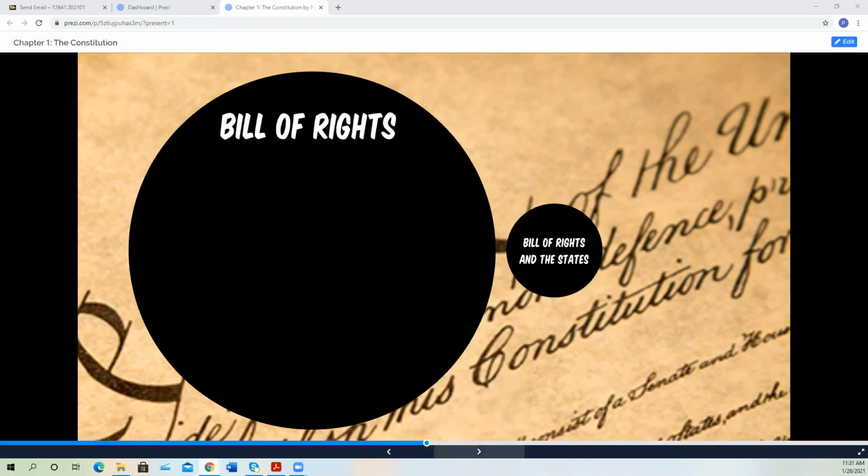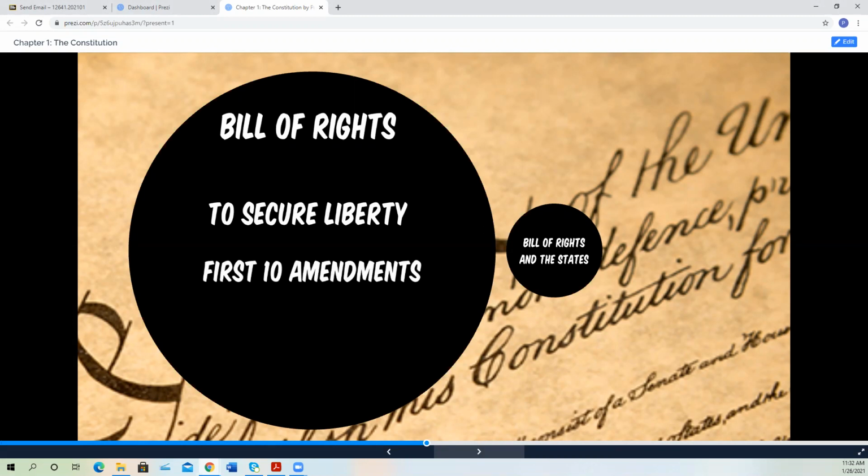And we do that with the Bill of Rights. The Bill of Rights is all about securing our liberties. And what are the Bill of Rights? They are the first 10 amendments to the Constitution. They're called amendments because the Constitution was completed and we added to it, or amended it.